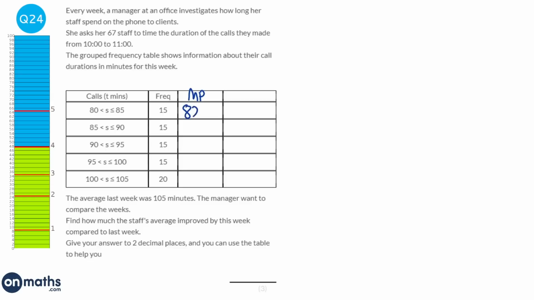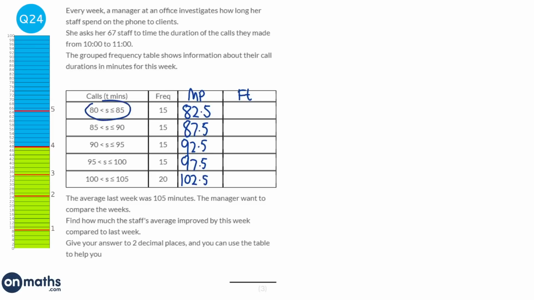So this will be 82.5, then 87.5, then 92.5, then 97.5, and then finally 100 plus 105 divided by 2 is 102.5. Next we need to find the FT, which is just the frequency times the duration of calls.